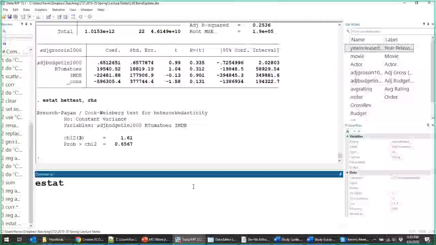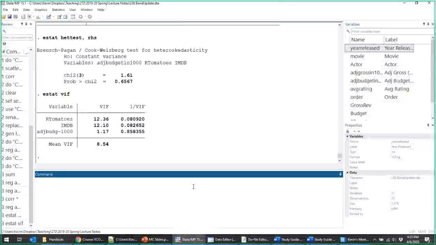For the VIF test, we're just going to type estat VIF. Pretty intuitive, no options, no comma. And you have to run this after you run the regression. What we have here is that both the Rotten Tomatoes and the IMDb have VIFs well above 5.